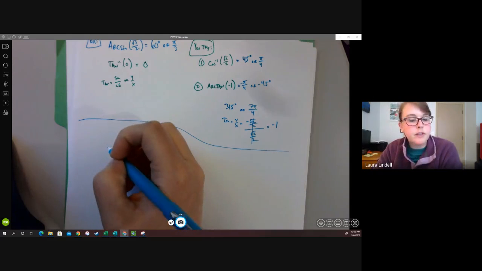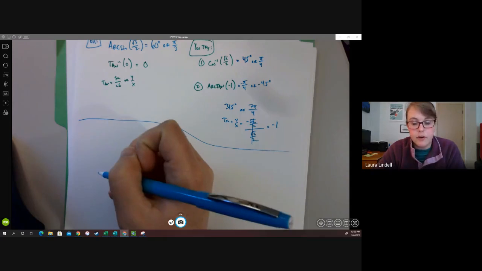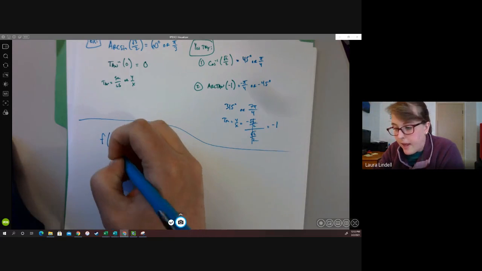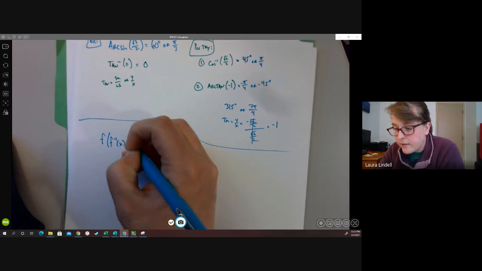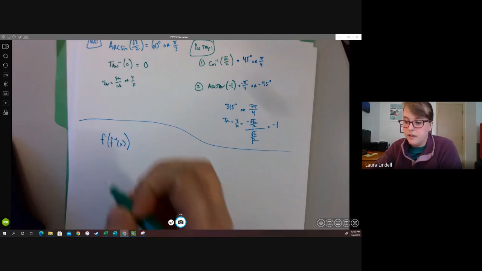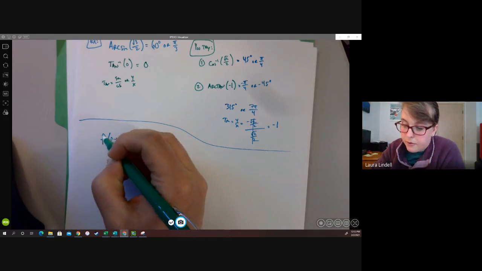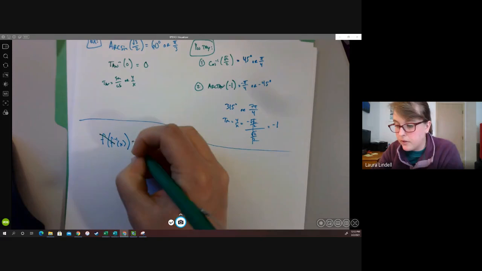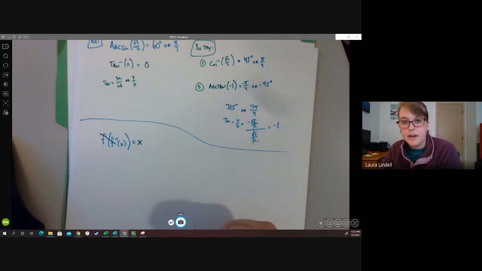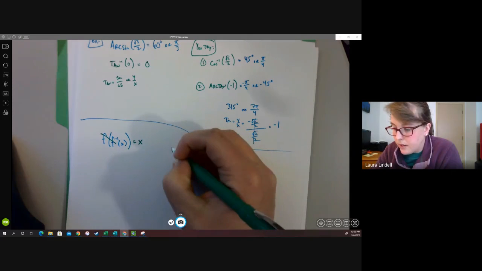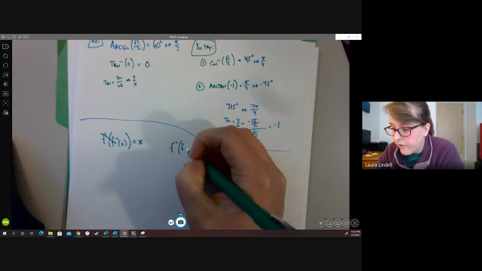So when we were dealing with inverses of regular functions originally, you would see occasionally something like f of f inverse of x. And then the idea behind an inverse is that if you do the original function to the inverse, they cancel one another out and you're just left with what was inside, x. It also works in the reverse fashion. You end up with f inverse of f of x.